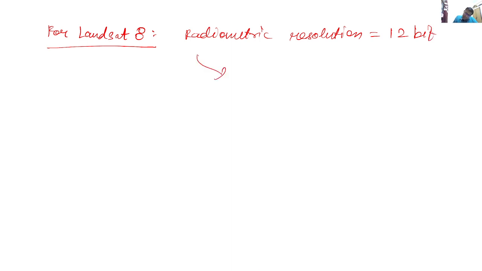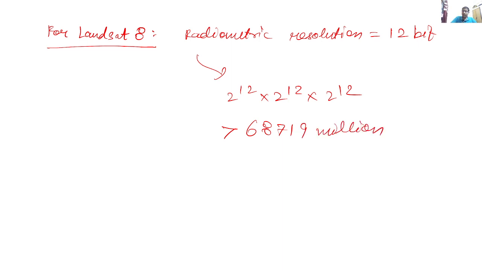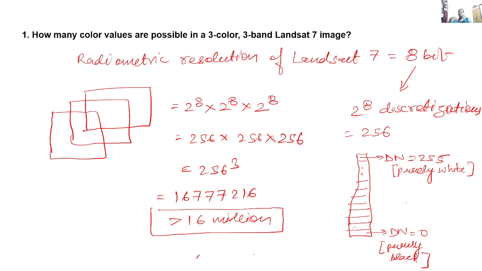So the total color values in that case would be 2 to the power 12 times 2 to the power 12 times 2 to the power 12, which is in fact greater than 68719 million. So you can see how, with an increase in the radiometric resolution, the color values increase.